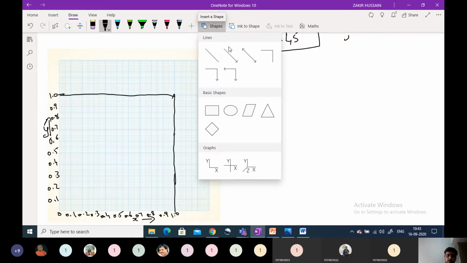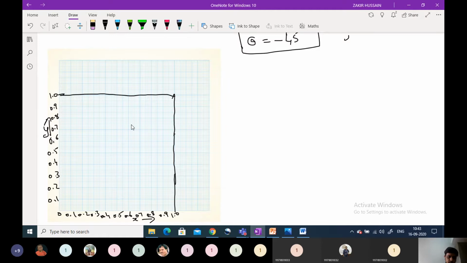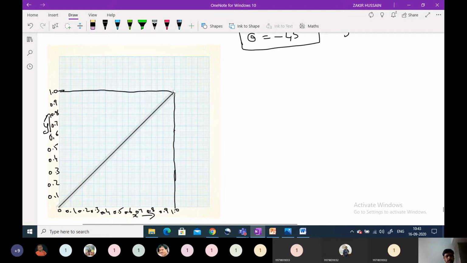We need to connect these two nodes. Then this is called a 45 degrees diagonal line. Then on this diagonal we need to plot our data points, the x versus y values they already provided.